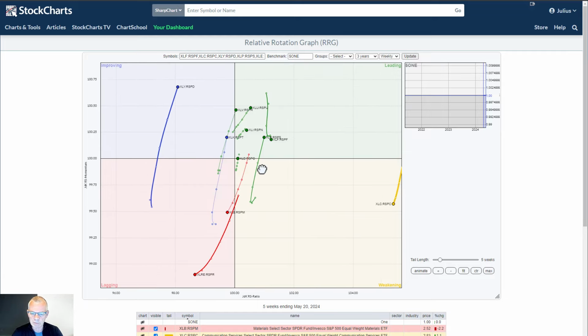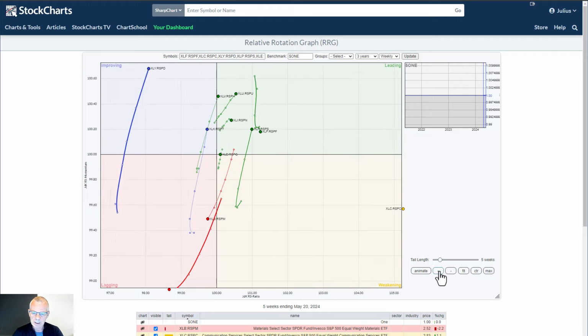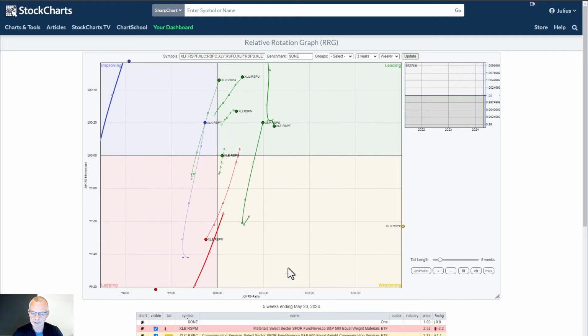And if we go over the others, here you can see the same for XLRE. So the larger REITs are underperforming the smaller ones. So you could better be inside the smaller ones, although the sector itself is not too good. Let's see what else we have here. So here's healthcare. Healthcare is being pushed higher by the larger names because XLV is moving in the right direction.